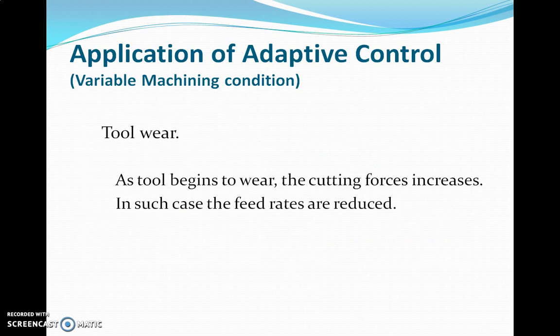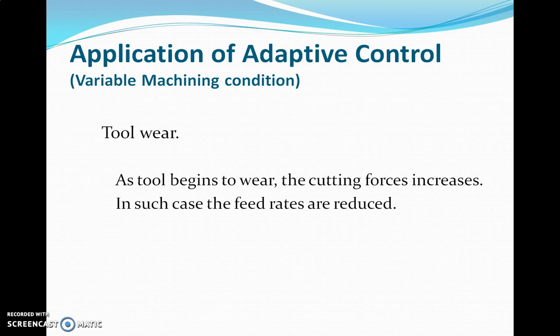Last point is tool wear. As you know, when we are using very sharp or very new tools, the cutting forces are very less. That means these new cutting tools will remove the material at a very good speed. But as and when the tool starts to wear, more and more cutting forces will act on the cutting tool.